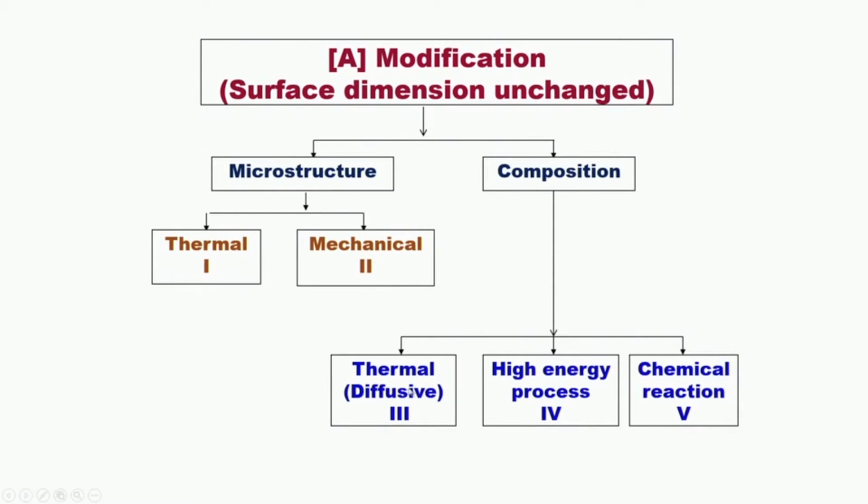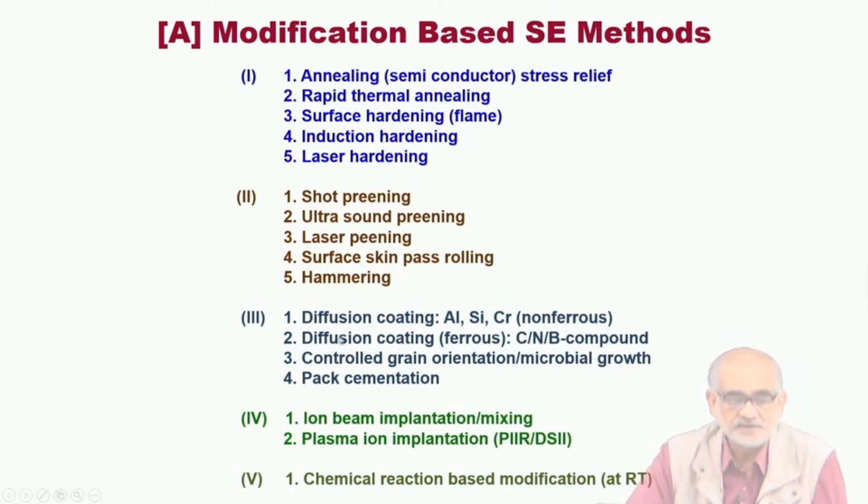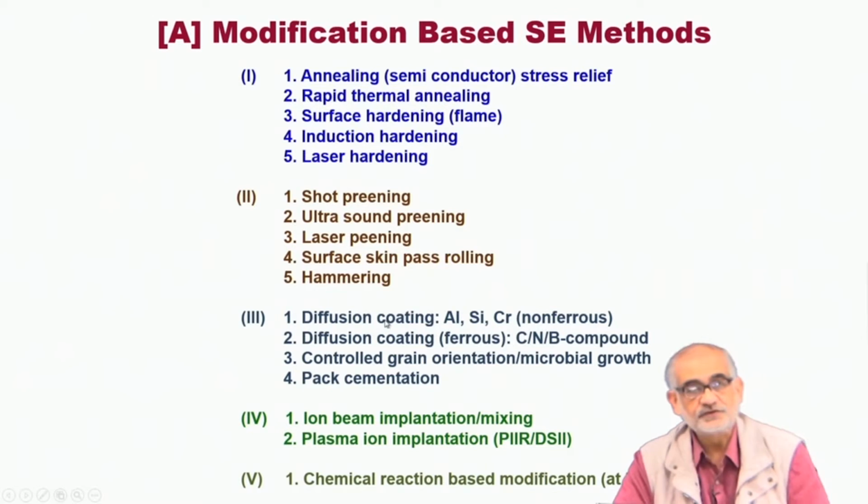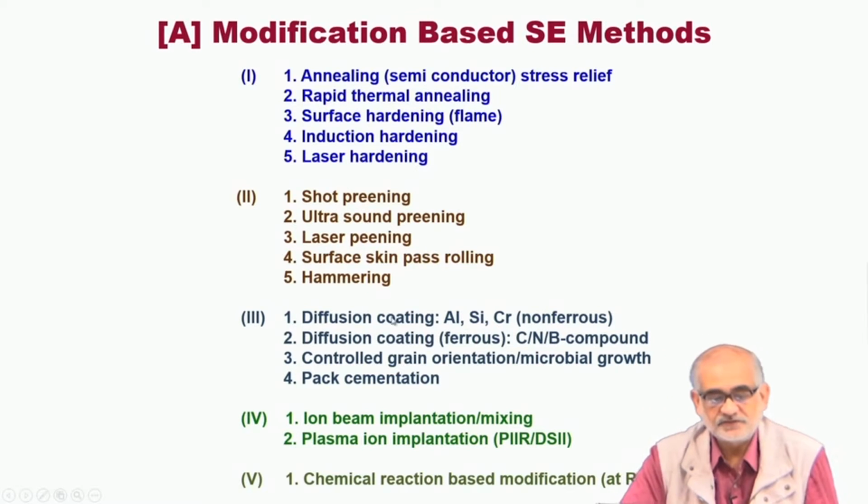That can be through thermally activated process, through high energy processes, or taking recourse to some chemical reaction which is confined only to the surface region. For example, you can coat a material with elements like aluminum, silicon and chromium. These are particularly useful for both ferrous and non-ferrous substrates.